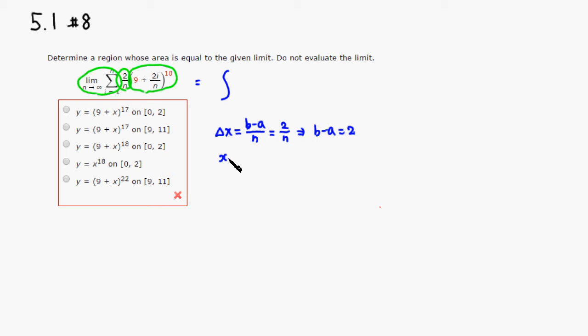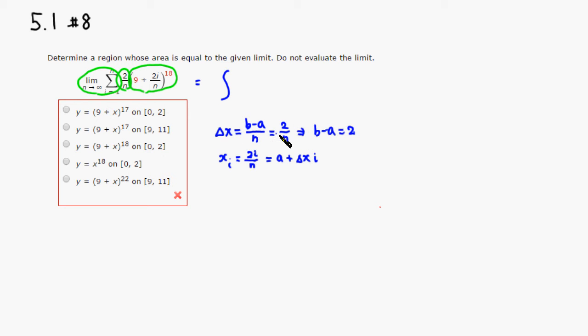Actually, it's a little tricky. xi could be 9 plus 2i over n, but maybe I'll try xi to be just 2i over n. Remember that xi is just going to be a plus i delta x.